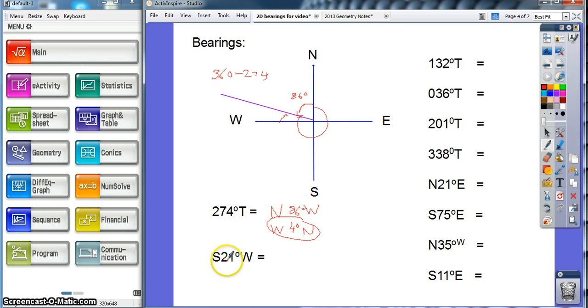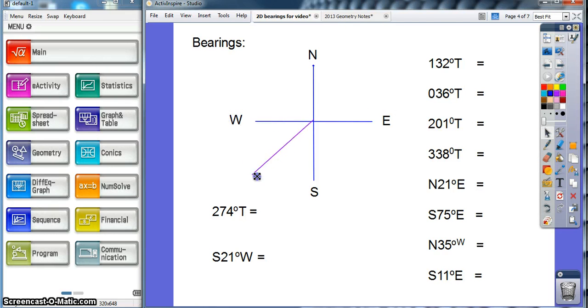We could be given south 21 degrees west and have to work out what that is as a true bearing. So I'll just clear those off. If we had south 21 west, that means I'm starting south and going 21 degrees towards the west.